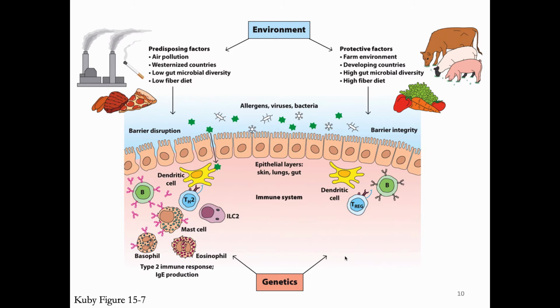So would you have more? Wait, I'm confused. So allergens, viruses, and bacteria are influenced by either of these things, and so these things could alter which allergens, viruses, or bacteria are present in your body. That's a big part of it. Okay, does that make sense? Okay.